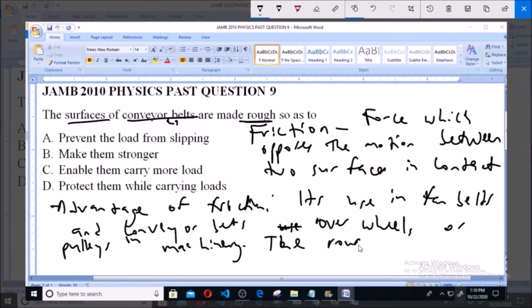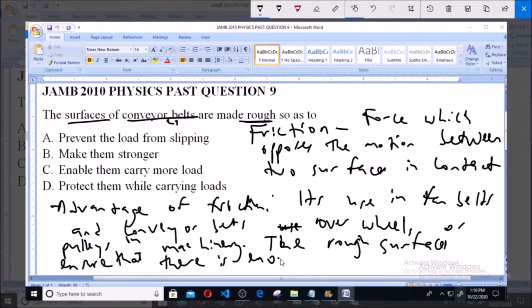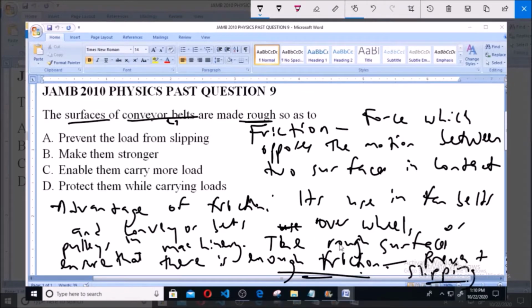The rough surfaces ensure that there is enough friction, and the reason why there needs to be enough friction is to prevent slipping, to prevent the moving parts from slipping, and as a consequence of that to also prevent the load which the conveyor belt is carrying from slipping. So to prevent the load from slipping is option A. Option A is the correct answer to this question.